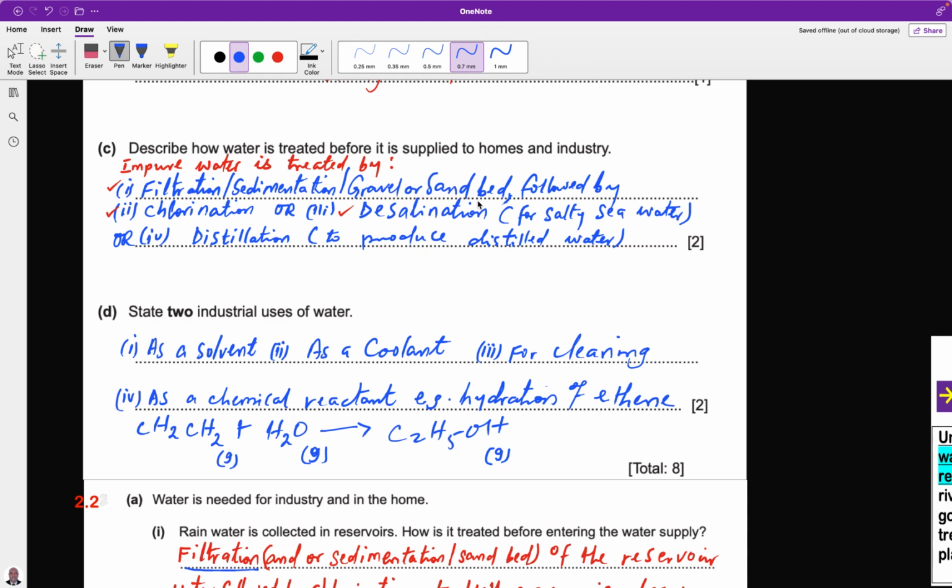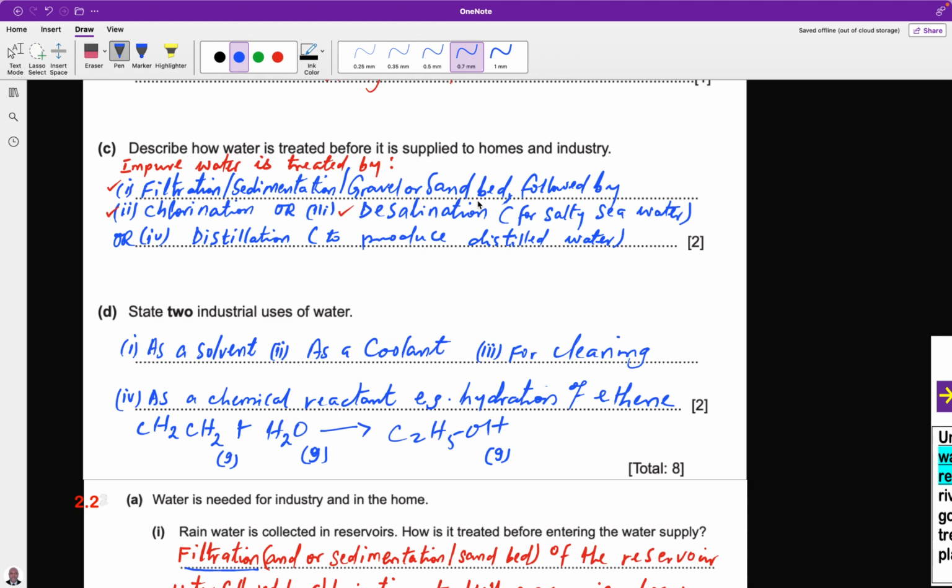After chlorination, there's desalination. Desalination will only come in if we are taking water from the sea, from salty sea. We will desalinate it to remove the salty property in it. Then we can distill it to produce distilled water.